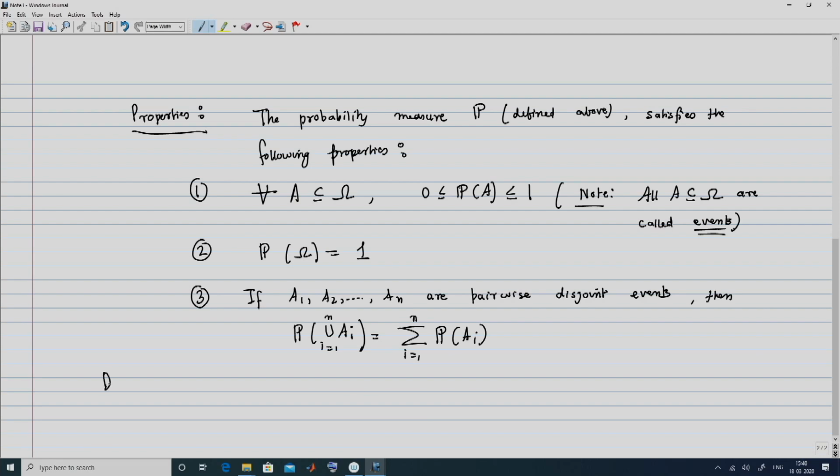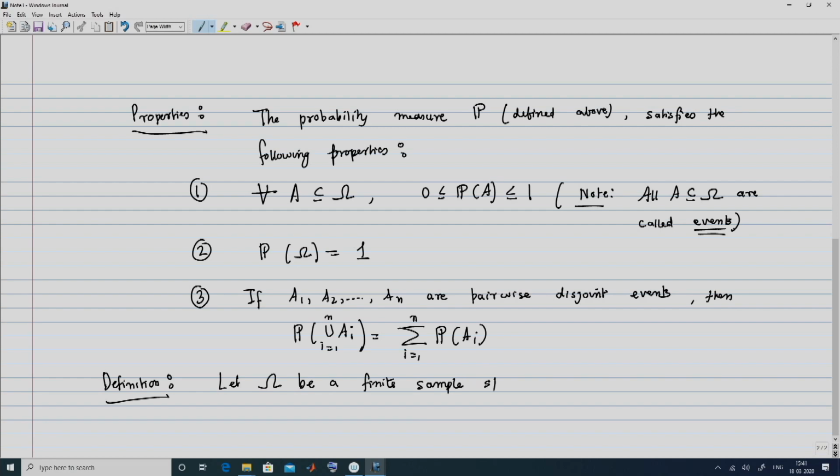This brings me to the next definition, and this is at a more elementary level than any event A. Let omega be a finite sample space. Remember, we are talking about the finite probability distribution.